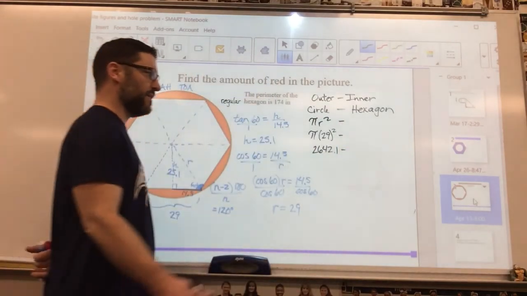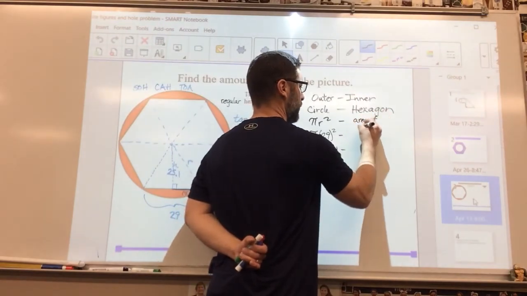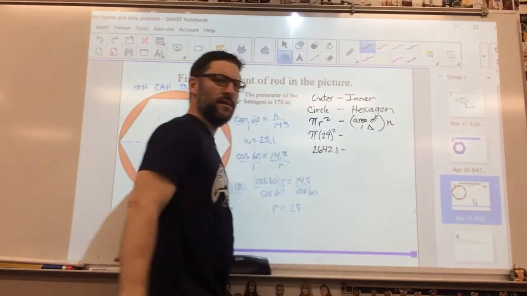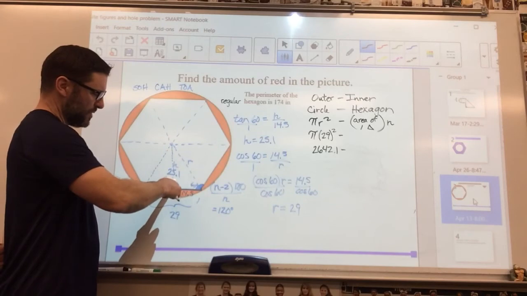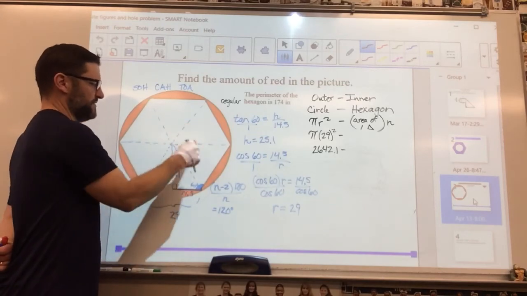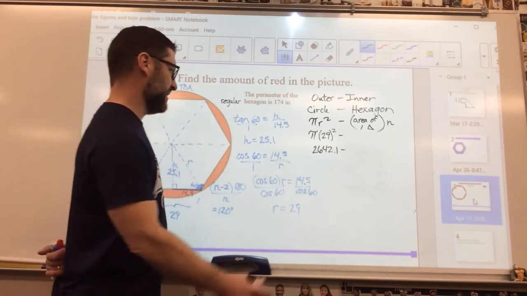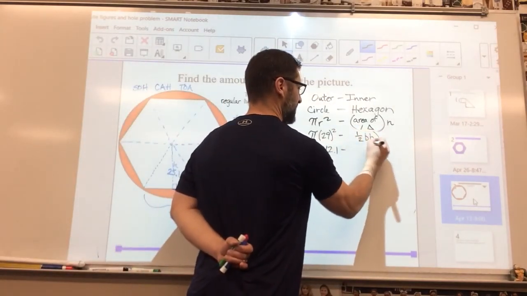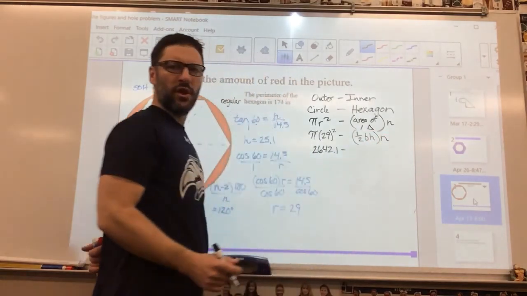To find the area of the hexagon, I'm going to find the area of one triangle and multiply it by n, the number of sides. So if I find the area of this guy, I have 1, 2, 3, 4, 5, 6 of those triangles. I'll find the area of that one and multiply it by 6. So one of the triangles is 1/2 the base times the height, times n. Let's plug numbers in.